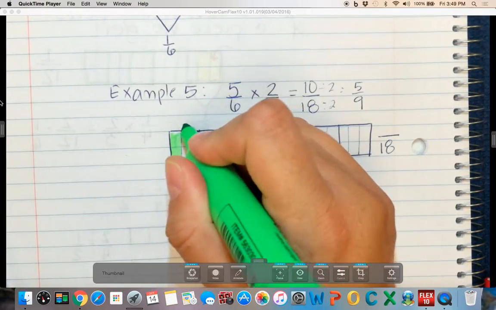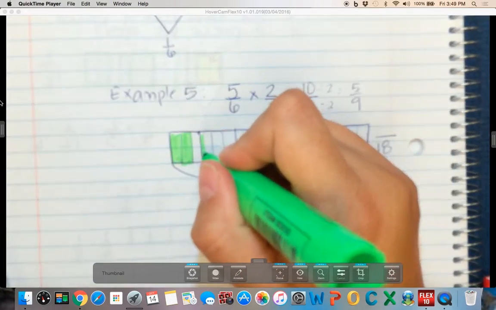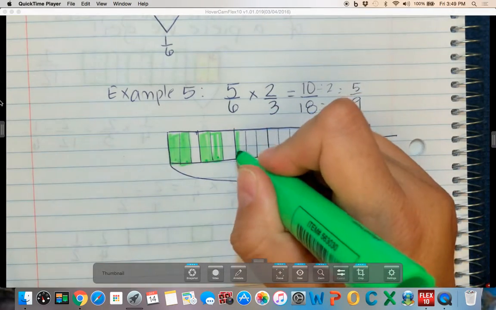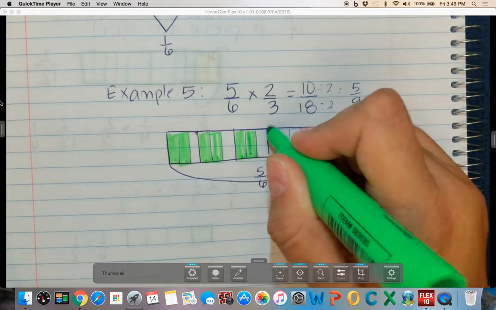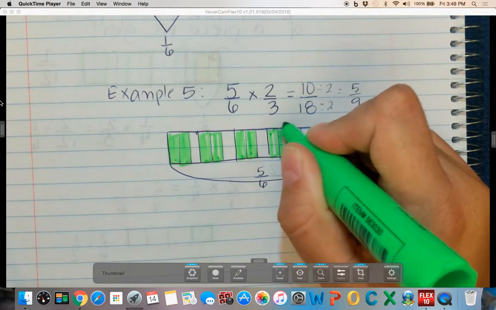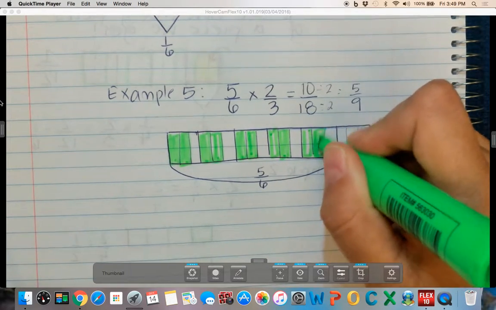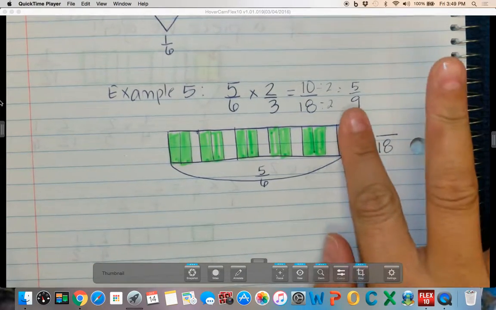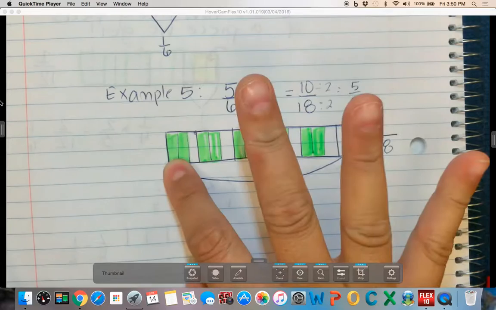So I have 2 here and 2 here, 2 here and 2 here, 2 here and 2 here, 2 here and 2 here, and finally 2 here and 2 there. I don't even need this 6/6 box, because I'm only focused on this 5/6.